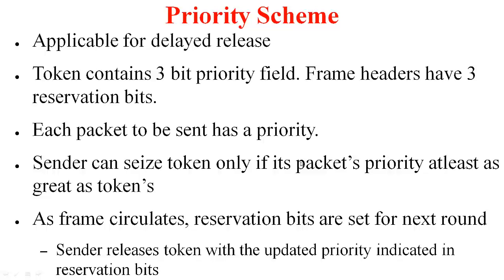So typically what this boils down to is that you want to send certain high priority packets before you send certain low priority packets. This priority scheme is supported in token ring, and this is handled through the 3-bit priority field as well as the 3-bit reservation bits.